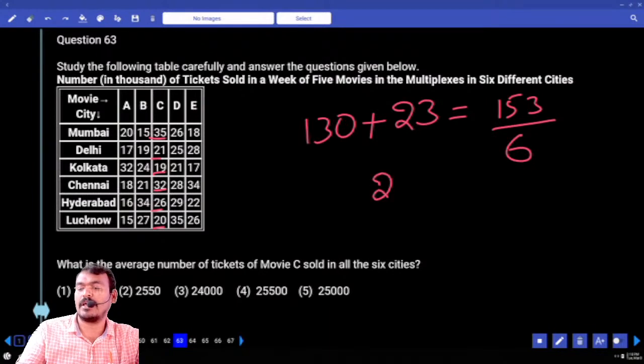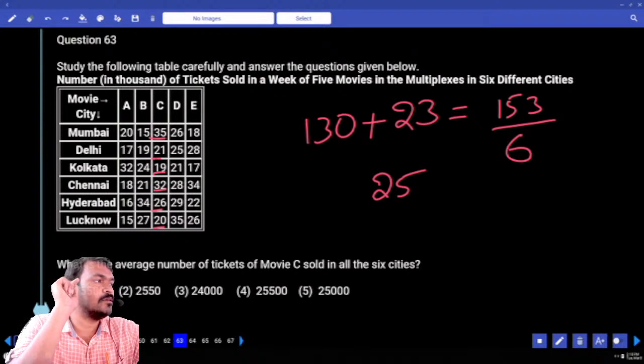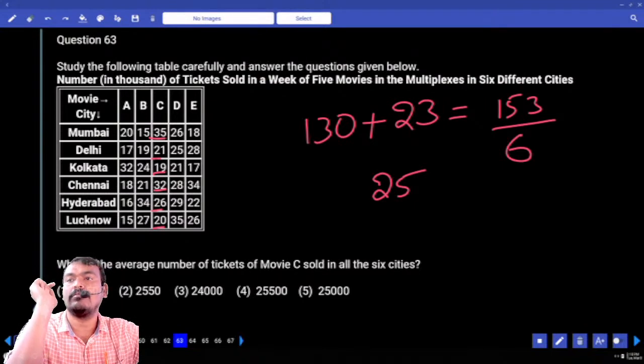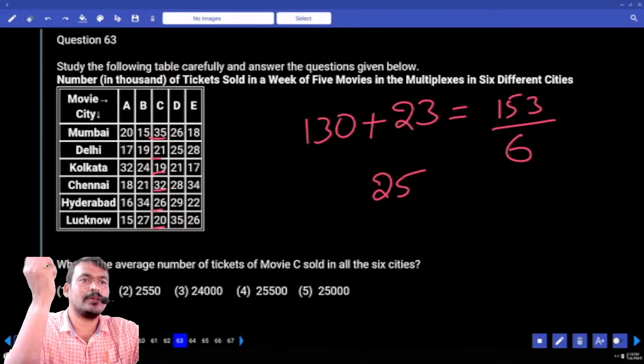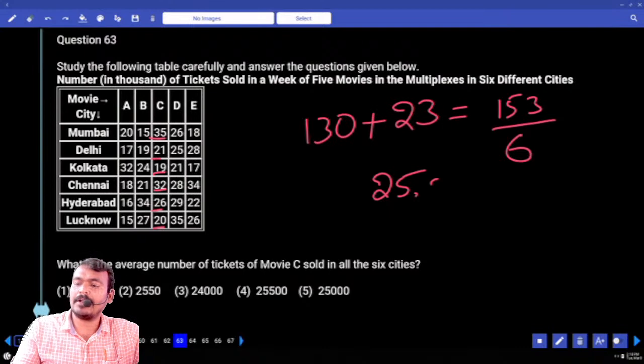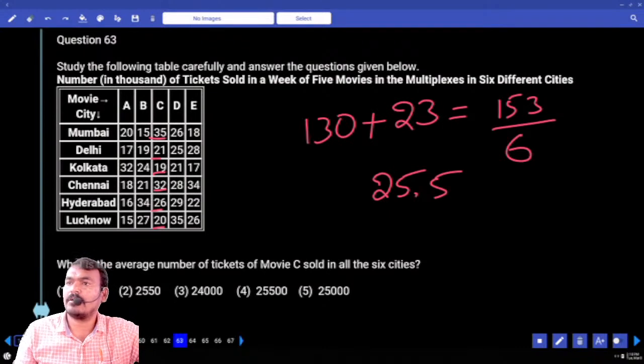6 is almost how many times? 25. 6 times 25 is 150. What is the remaining value? 3. The remaining 3 is half of the 6, so we write 0.5. 25.5.